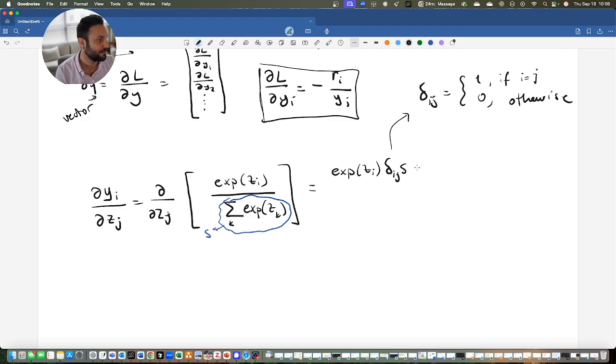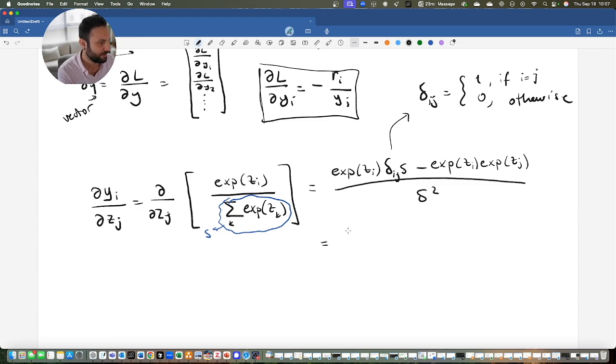Times S, minus the upstairs numerator itself, exponential z of i, times the derivative of the denominator. Since the denominator includes all of the exponential z's, including zj, its derivative is exactly exponential zj. The great thing about the exponential function is that its derivative is the same, divided by S squared.